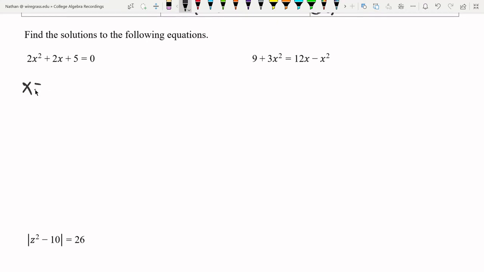Okay. x equals, this is A, B, and C, -b, which is -2, plus or minus the square root of b squared, 2 squared, minus 4 times A times C, all over 2 times A, or 2 times 2.